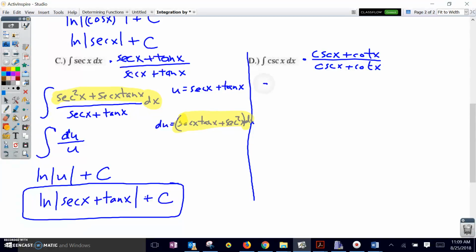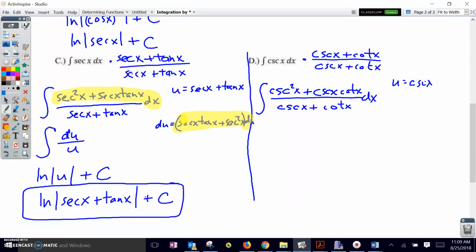And that turns this into the integral of cosecant squared of x plus cosecant of x cotangent of x all over cosecant of x plus cotangent of x. And then my substitution is u equals cosecant of x plus cotangent of x.